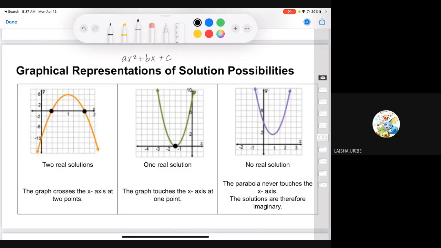So we might be able to solve that just by graphing that equation. Whenever we have two real solutions, what you're going to notice is that that graph will cross two places on the x-axis. Whenever we have one solution, you'll notice that that graph is only going to cross the x-axis at one point. And when we have no solutions, you'll notice that that graph will never touch that x-axis.